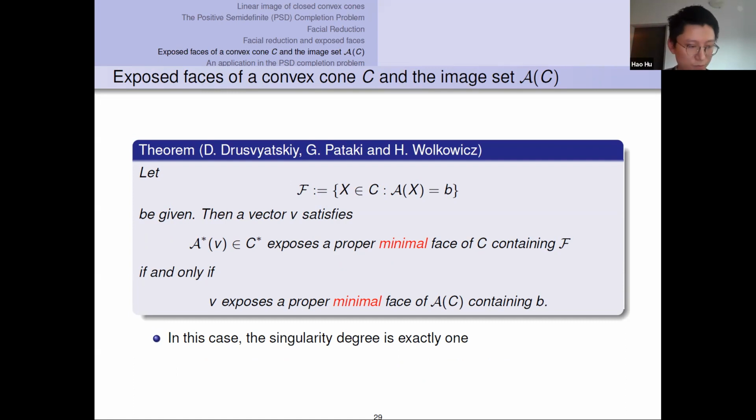Here is the second main result. It's actually identical to the one presented earlier, but here it is slightly stronger, where we put a minimal here. Minimal here means that this exposing vector gives you the smallest face of C containing F. So that means after reducing the problem size using this exposing vector, the dimension of the problem becomes the smallest possible, and the problem is strictly feasible.